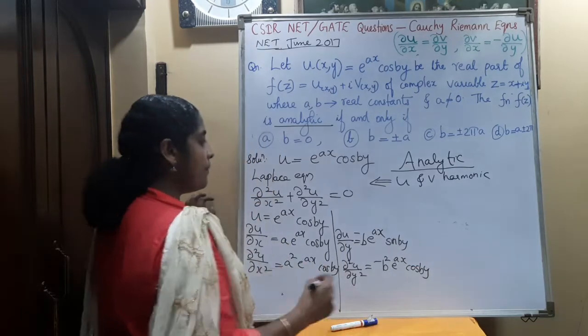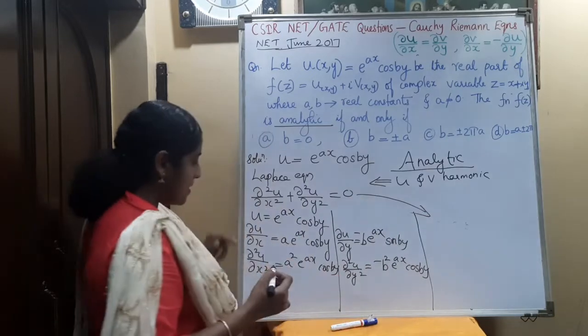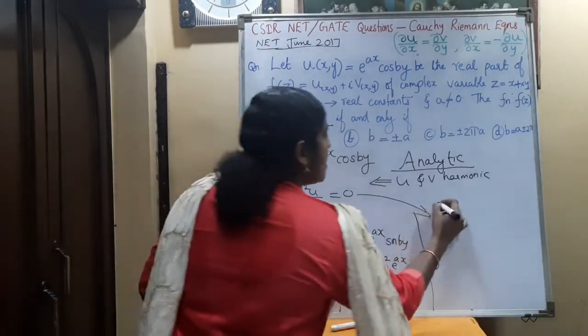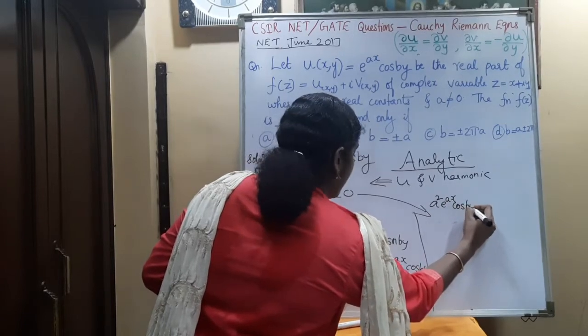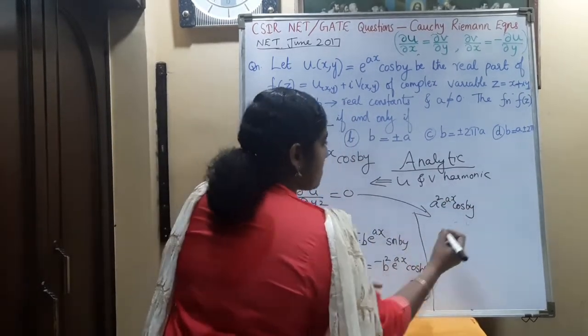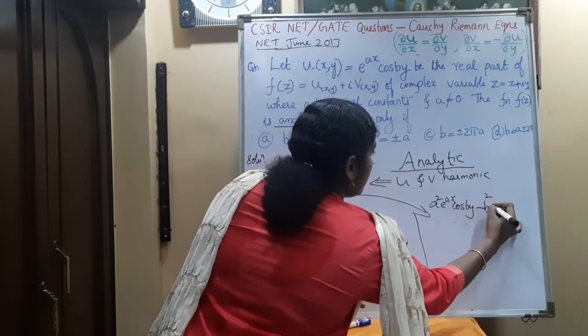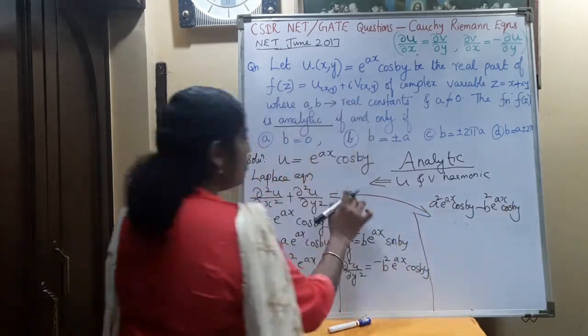Now we can apply the Laplace equation. ∂²u/∂x² is a square e raised to ax cos by, plus ∂²u/∂y², which is minus b square e raised to ax cos by, is equal to 0.